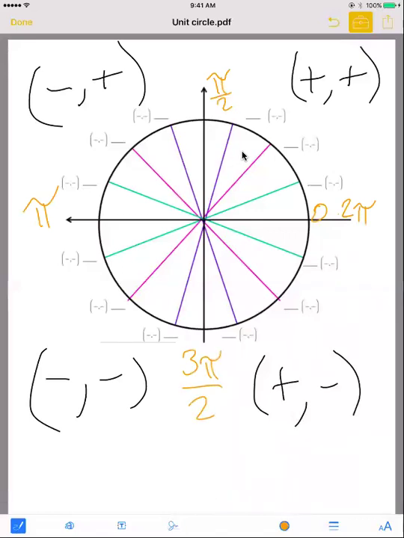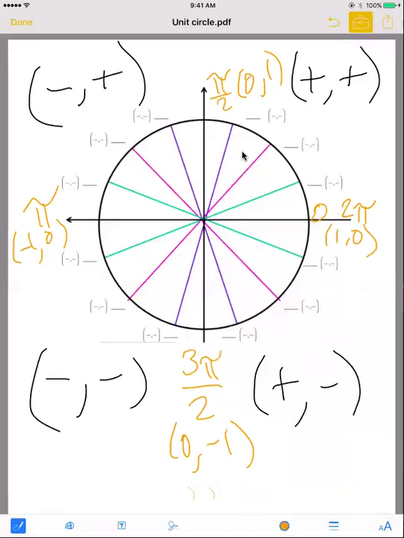Since the radius is 1, the coordinates would be 1, 0, 0, 1, negative 1, 0, and 0, negative 1.